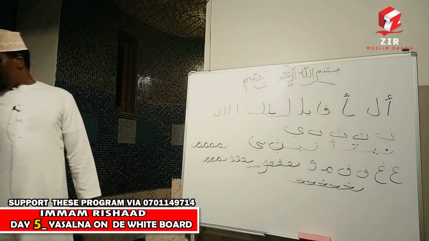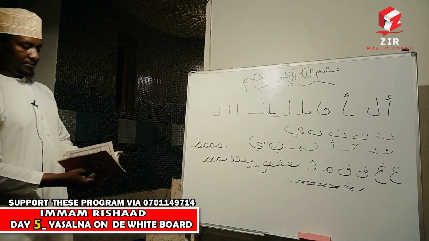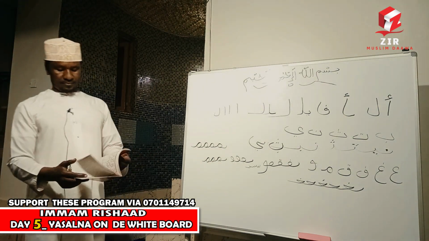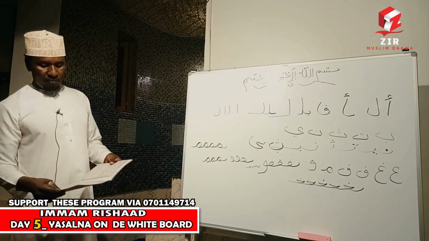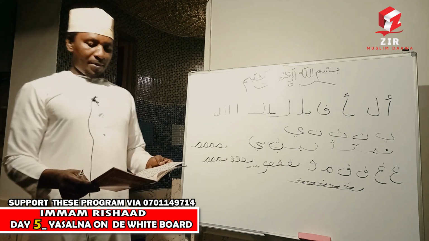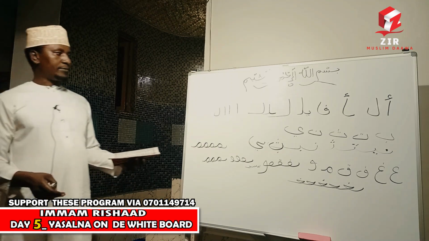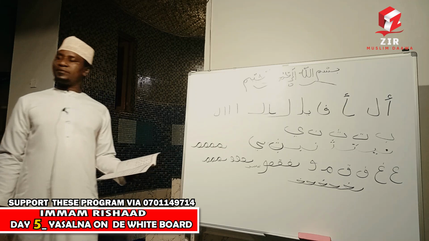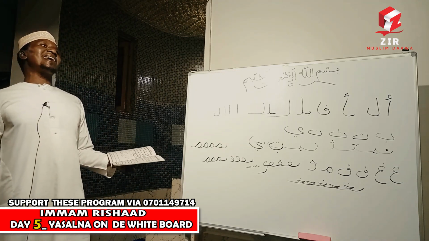Now, on our Yasalna, if it is Yasalna, we go to Dars number 10. Open page 10. That is where you are going to find that lesson. What about the other letters?